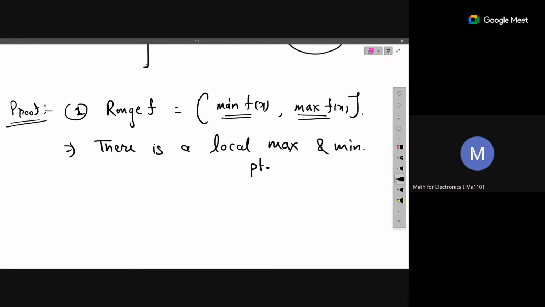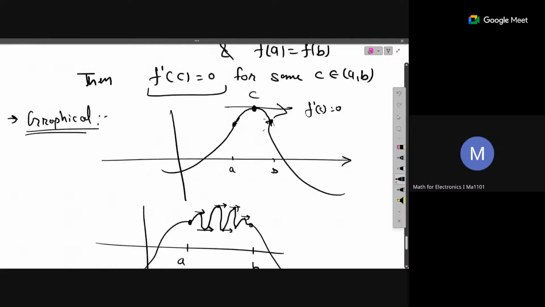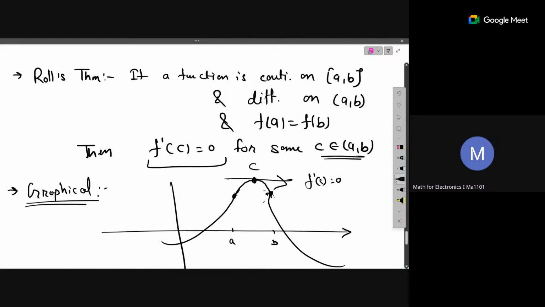There will always be a maxima or minima point because our range of the function looks like this: minimum of f of x and maximum of f of x, because of the continuity. This result came from continuity, and now we will use the differentiability. So since local maxima and local minima are present, this implies there is a point c in the open interval (a, b) in such a way that f dash at c is equal to 0. Right? But in the theorem, we say that c belongs to the open interval (a, b).